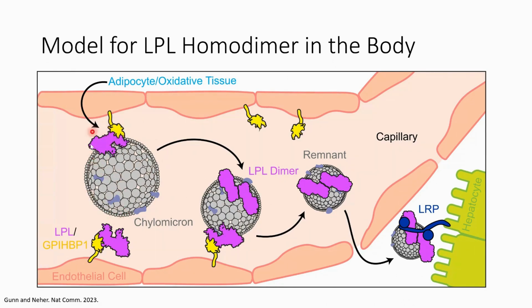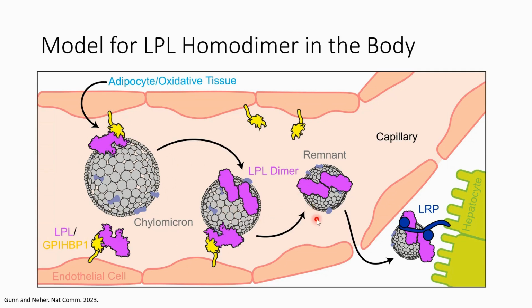And so our theory is that after that release is when you would then form the LPL dimer. This would allow LPL to continue to be active on this protein by orienting its active sites and its hydrophobic interaction sites with the actual chylomicron in a way that is mutually exclusive to the GPI-HBP1.